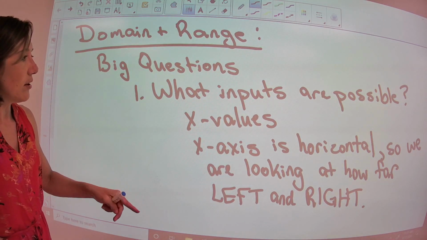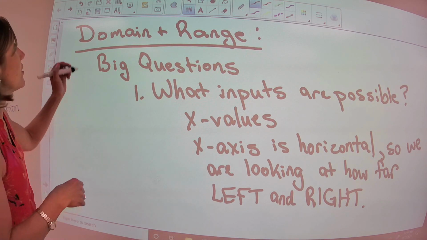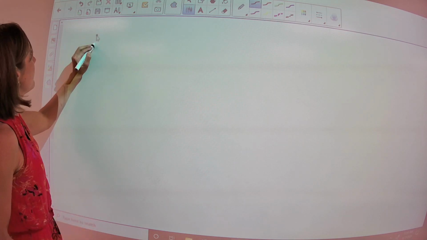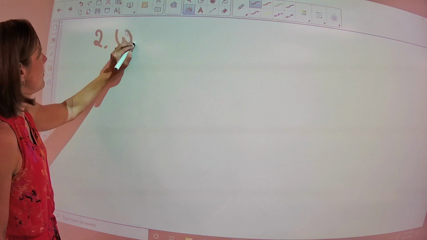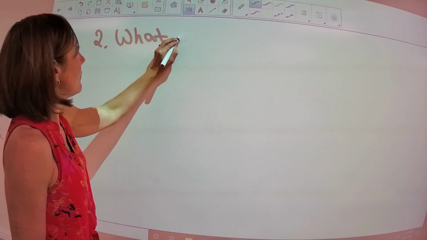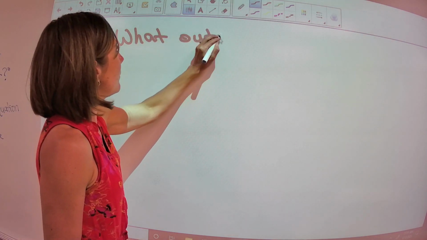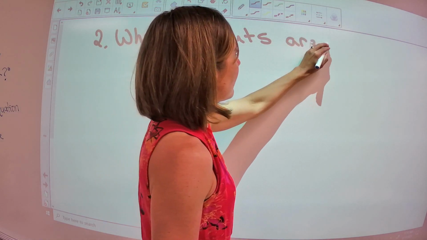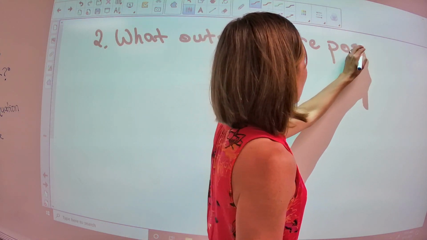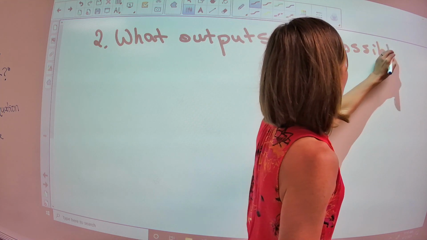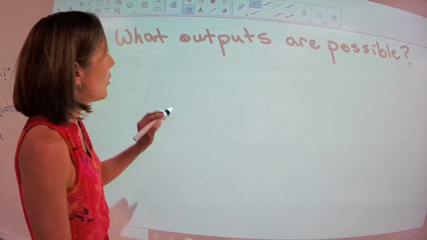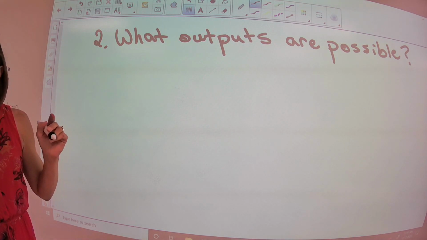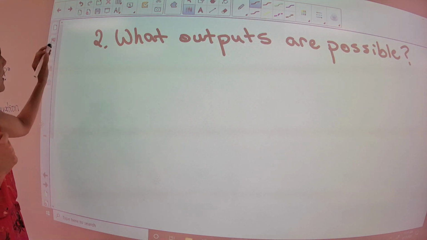The other big question that we're going to be looking at today is what outputs are possible. So we call that range. Oh, did I put that we call that domain on the last slide?